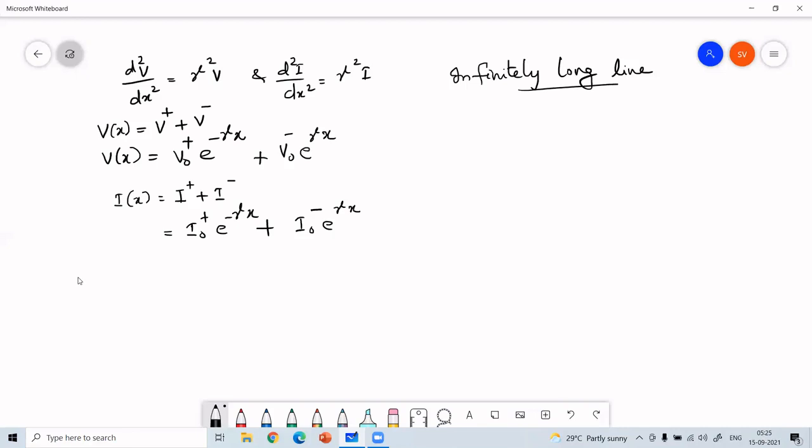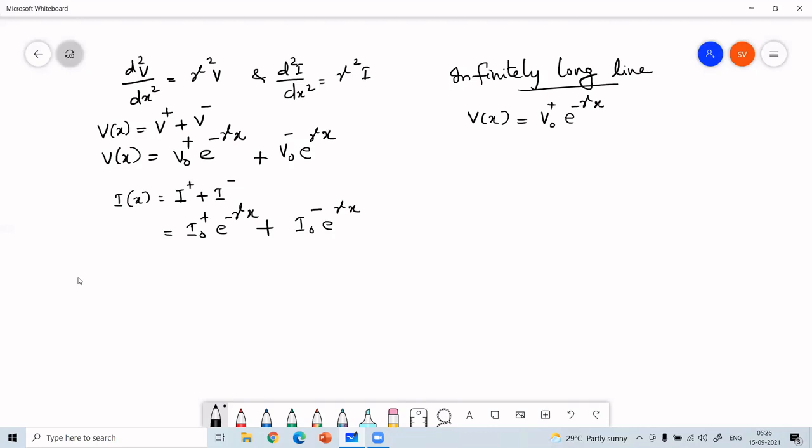So we can write V of x is equal to V0 plus e raised to minus gamma x only, because if the transmission line is infinitely long, there will not be any reflected voltage, because the transmission line is endless, so there cannot be any reflection.